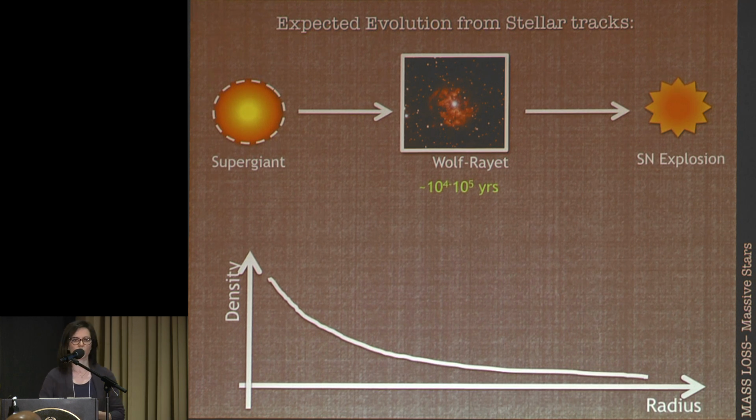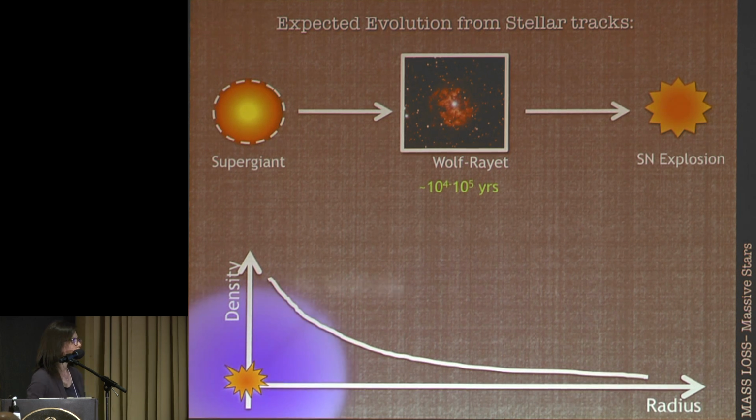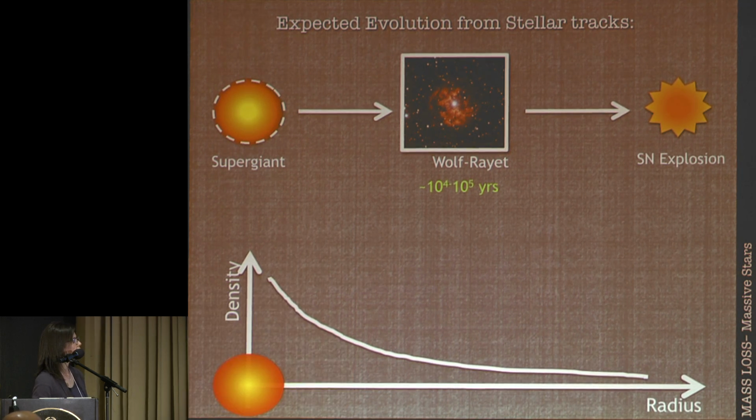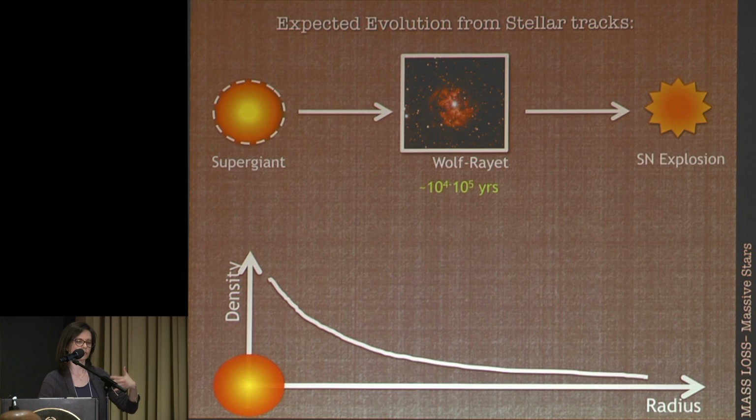We just heard a talk from Avishai about how, by using the radiation from the first few hours after the explosion, we are able to map out the properties of the material very close to the explosion. My argument here is that if we want to probe material that is farther away, the only way we have right now is to use X-rays and radio emission.